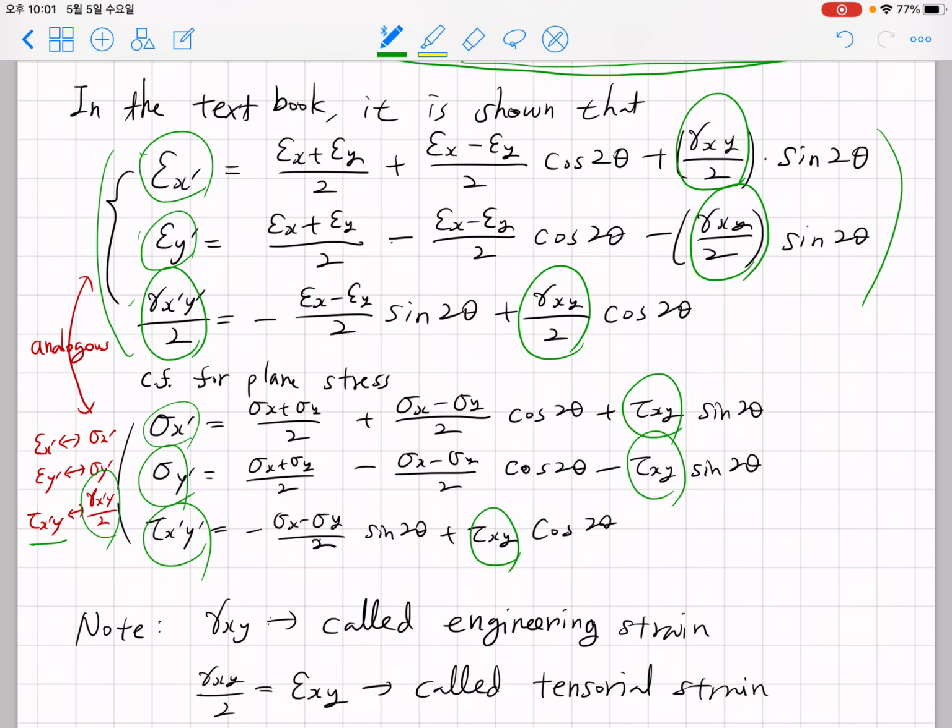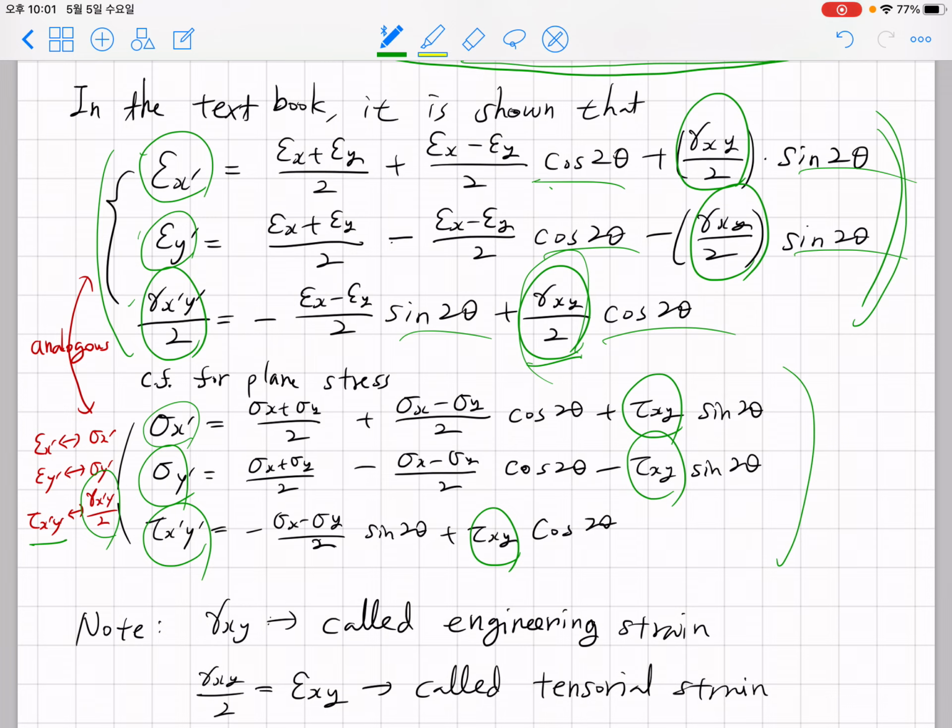So what you can see here is, because Mohr circle is a simple graphical way of memorizing the equation, you can use the Mohr circle concept for this strain equation, because except for this factor of 2, it looks almost the same as the stress expression, and the location of cosine and sine, and the positive and minus signs of each term are equal to each other.